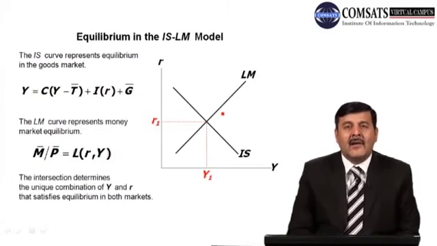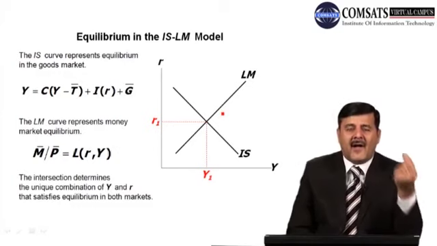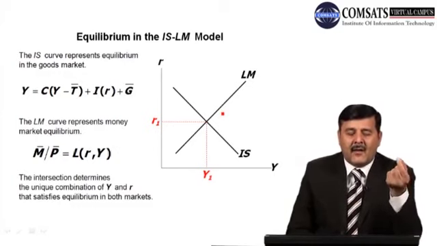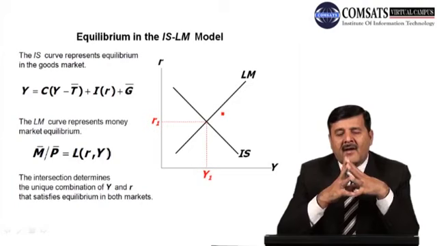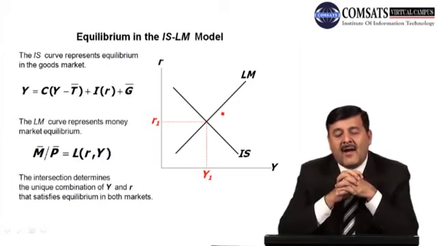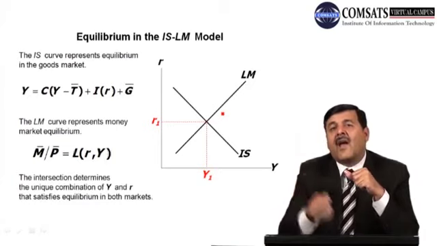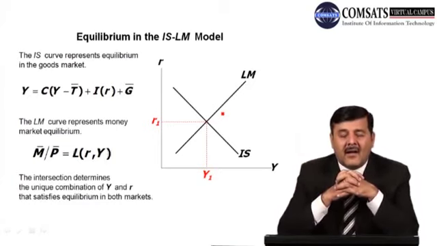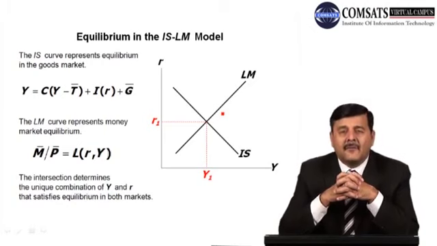The intersection of these two curves determines a unique combination of r and Y that satisfies the equilibrium condition in both markets. When we combine both curves in one diagram, as you can see in front of you, this gives us a unique combination of the rate of interest and income that satisfies equilibrium in both the goods market and the money market.